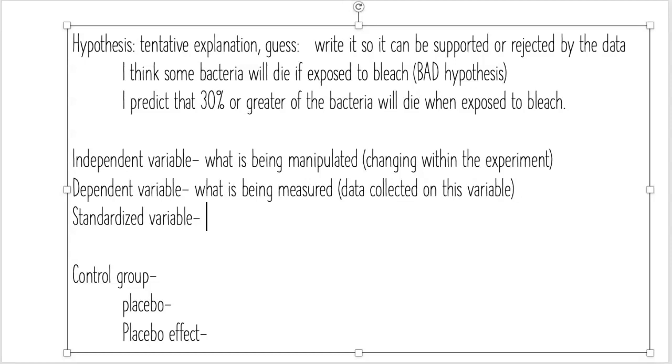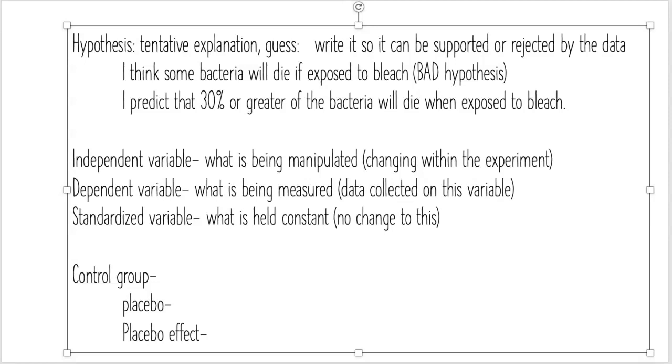Now, within the experiment, you need to have a standardized variable. The standardized variable is what is being held constant. So you're not changing any of this. If we're talking about plant growth, how much will a plant grow given 4 hours of sunlight, 8 hours of sunlight, 10 hours of sunlight?